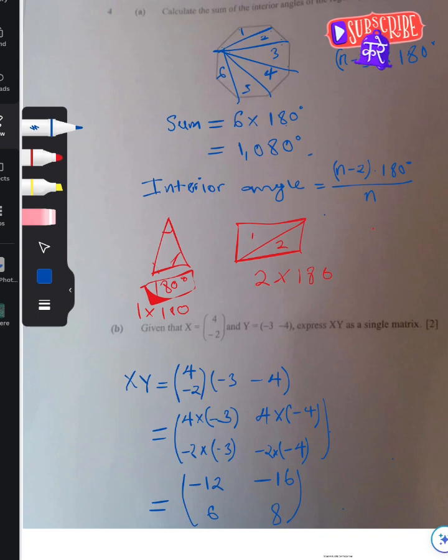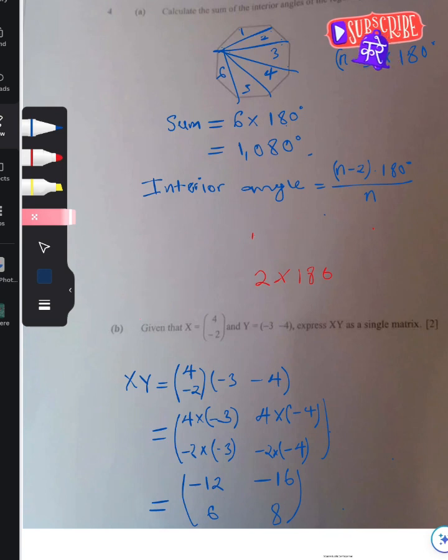Now, suppose I give you a polygon and I ask you to find the size of each interior angle.